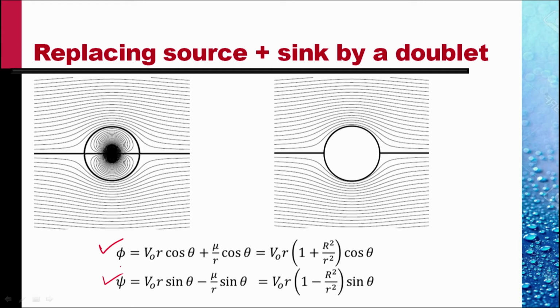But the flow does separate over a cylinder. It would not separate if the body was streamlined like an airfoil, and in that case the predicted pressure distribution would be the same or very nearly the same as the actual pressure distribution.